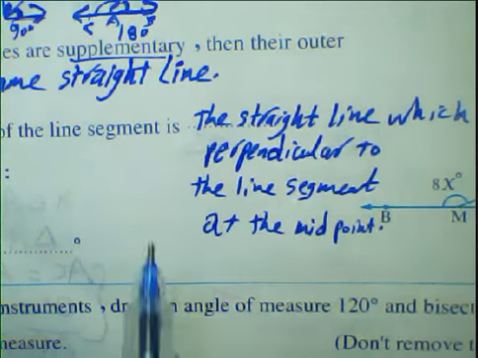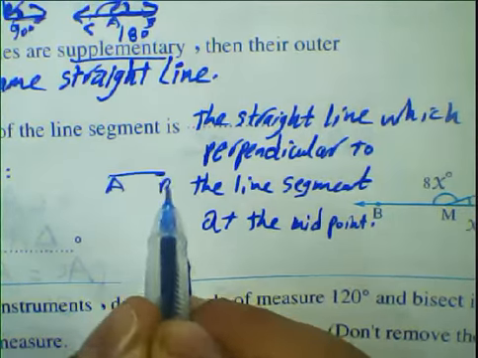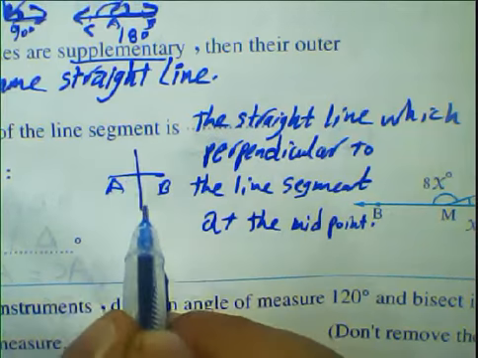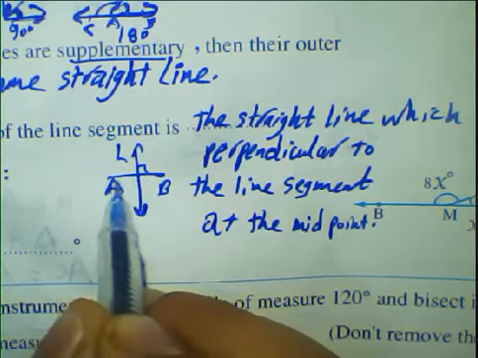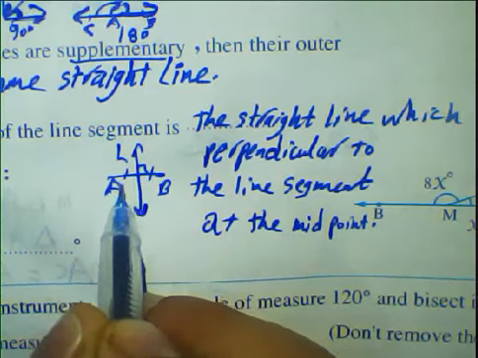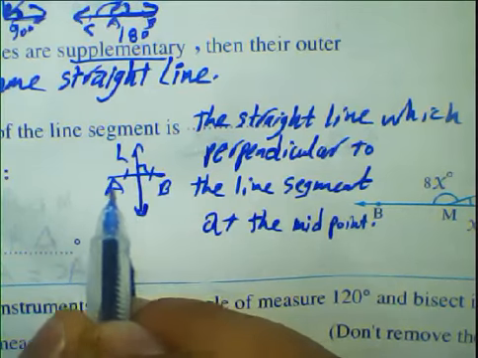Such that AB is the line segment and the straight line L is perpendicular to the line segment and bisects it into two parts of equal lengths.